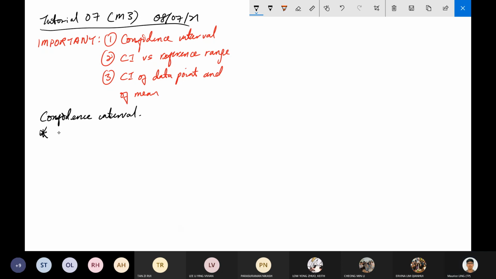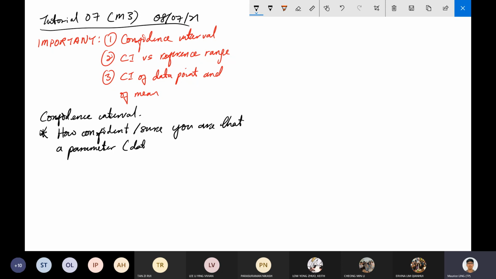Let's say, putting it in layman's terms, how confident or how sure you are that a parameter, which can be either the data point or the average, is within a known value. So this is one way of looking at it.